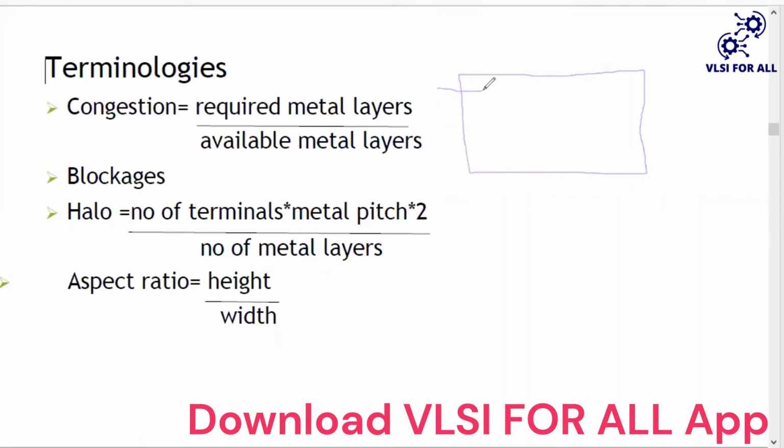In this area, only 5 metal layers of routing are available. The actually available metal layers are 5 only, but how many are required? I need 10 metal layers. But how to route the remaining 5? The remaining 5 metal layers, how to route? This is the congestion. How to identify congestion? Required metal layers divided by available metal layers.